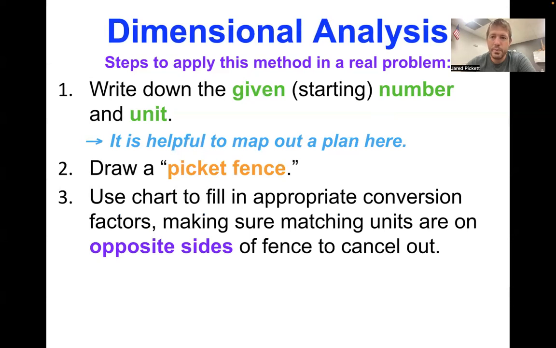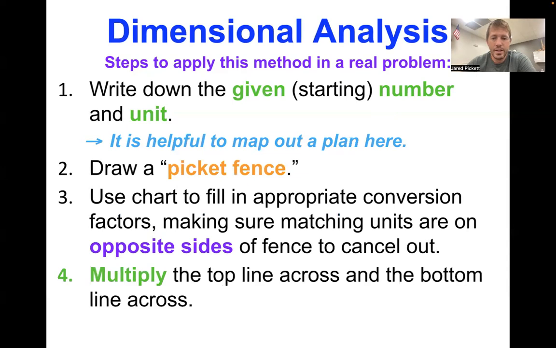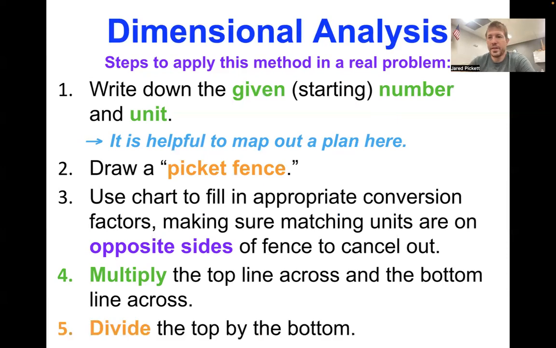And we've done this before. This is just reviewing something that we've covered in class. What we want to do is multiply the top parts of the picket fences with each other, and then multiply the bottom stuff together. And then divide whatever product you get at the top by the product that you get at the bottom.